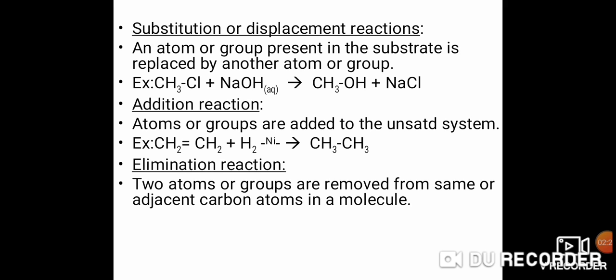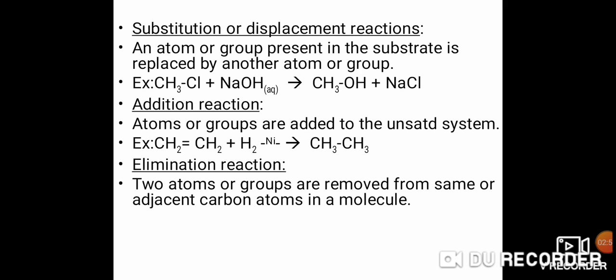The chlorine of the chloromethane is displaced by the hydroxyl group of the base, sodium hydroxide, to form methanol, and sodium reacts with the displaced chlorine to form the salt sodium chloride.